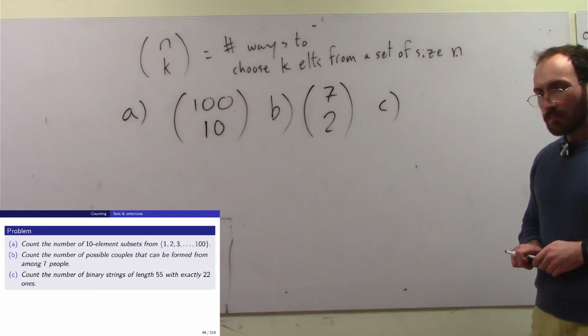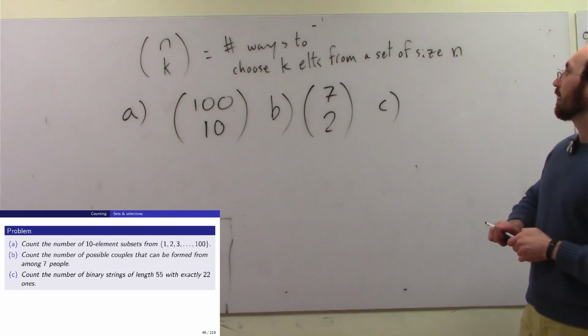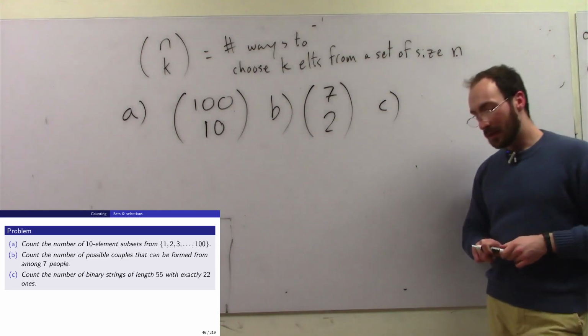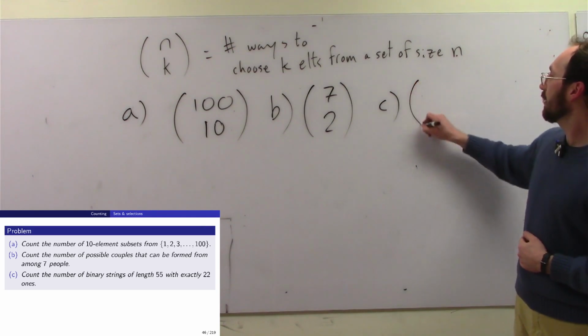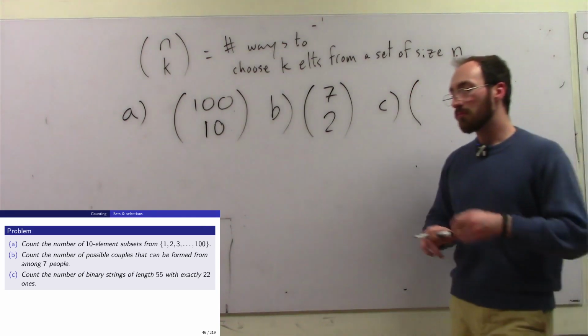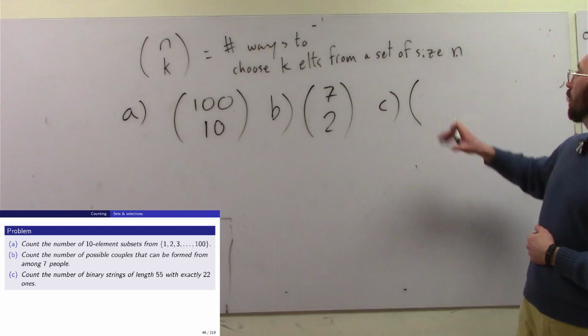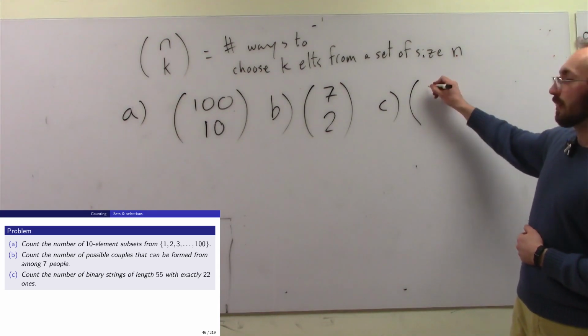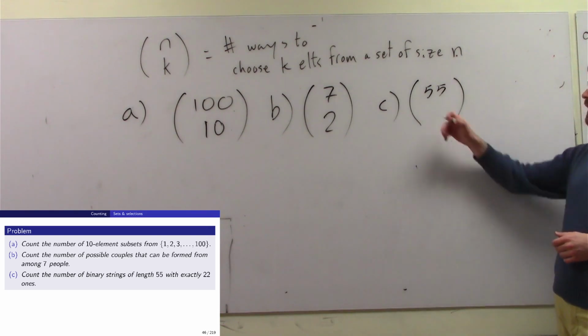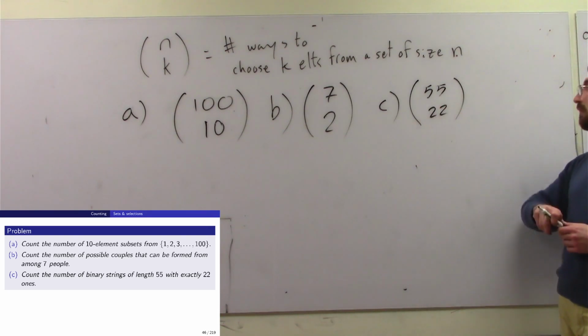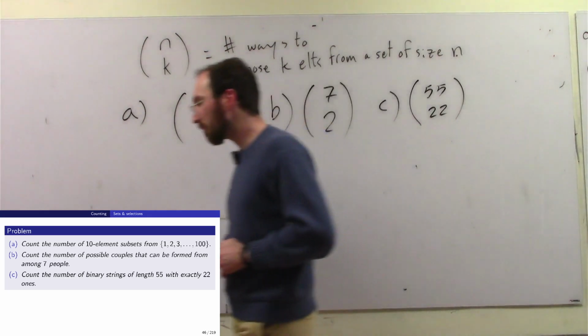Well, basically for every bit of your binary string, you have the choice between choosing a 0 or choosing a 1. You have 55 bits, and we're going to choose 22 of them to be 1s.